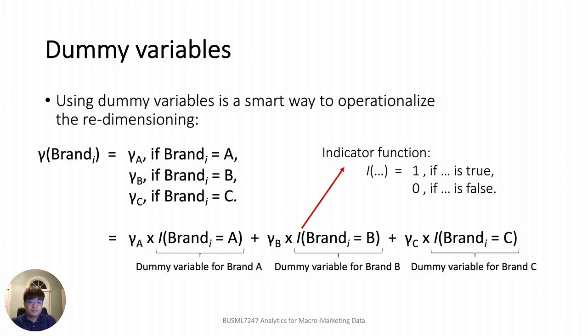For example, if observation I is associated with brand A, then only the first indicator becomes 1 and the others have 0. Gamma A times 1 plus gamma B times 0 plus gamma C times 0 equals gamma A. So we end up with having the correct baseline parameter for brand A.